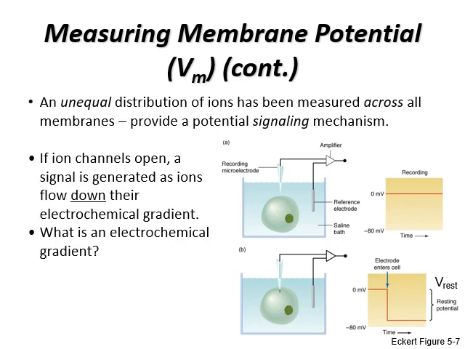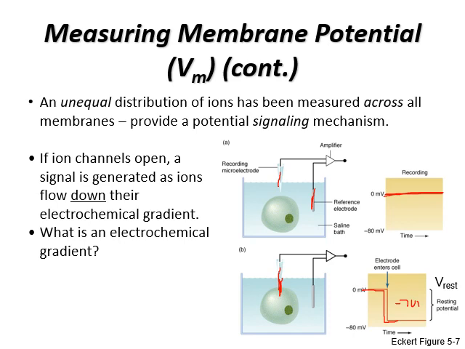Looking at what took place in that previous slide, if we have a reference electrode out in the solution, we're not having any change in voltage. But once we push the recording electrode inside the cell, you can see we get this drop, roughly about negative 70 millivolts.